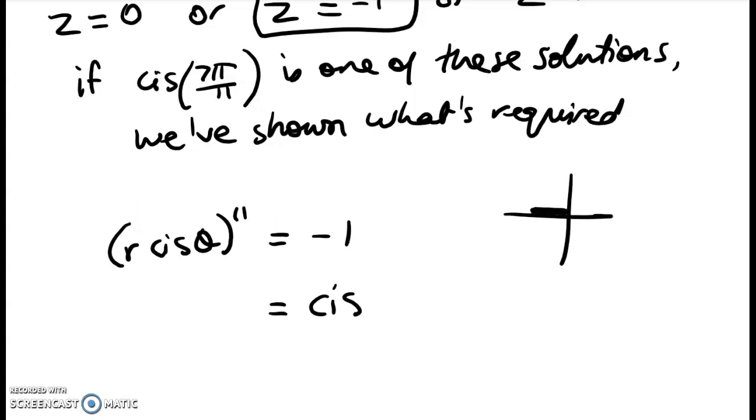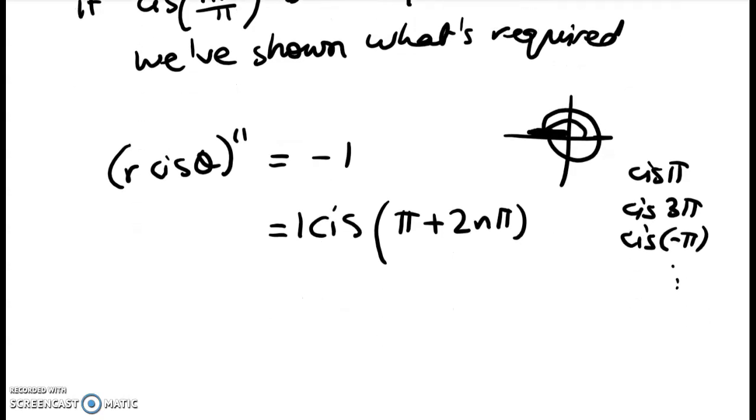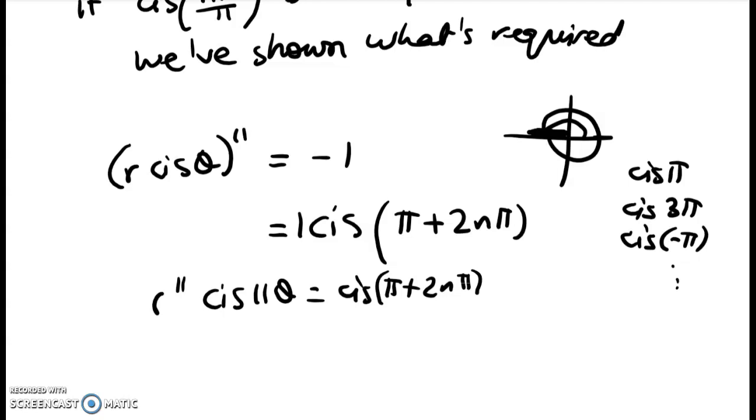We can write negative 1 as 1 cis of pi plus 2n pi, right? Remember that this number here is not uniquely cis pi. It could be cis pi, or it could be cis of 3 pi, or cis of negative pi, and so on. Cleaning this up gives me r to the power of 11 cis 11 theta is equal to cis of pi plus 2n pi, and that's by de Moivre's theorem.